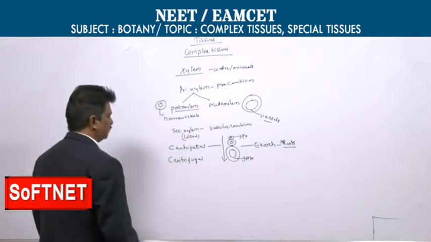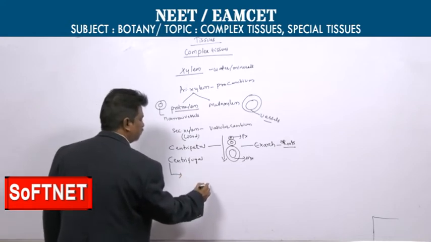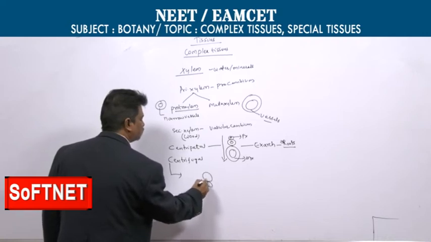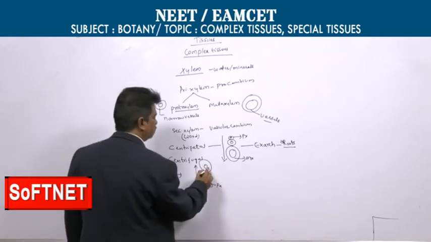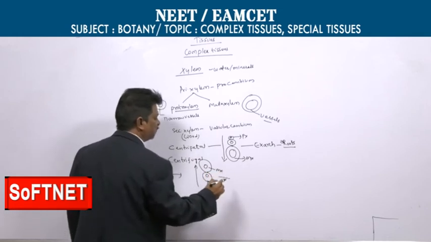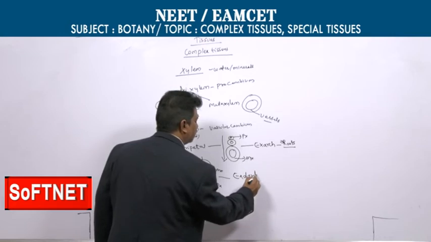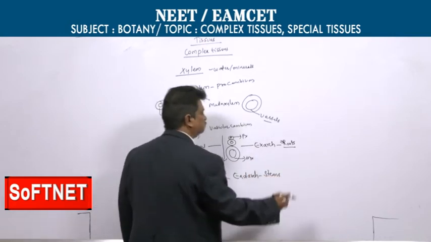The second one, centrifugal differentiation. In this type, xylem differentiation is from center to periphery. It means protoxylem is inside and metaxylem outside. Such a condition is called endarch. This endarch is a characteristic feature of stems.